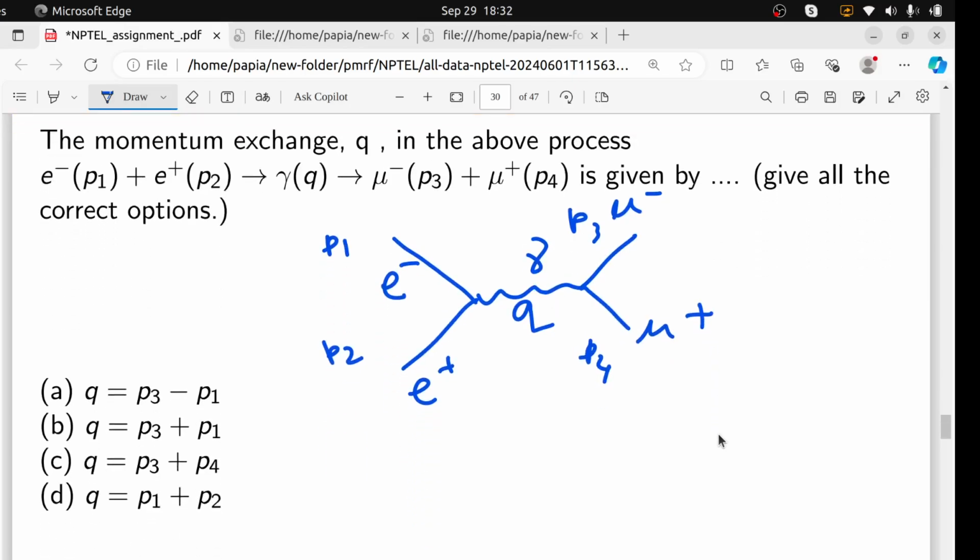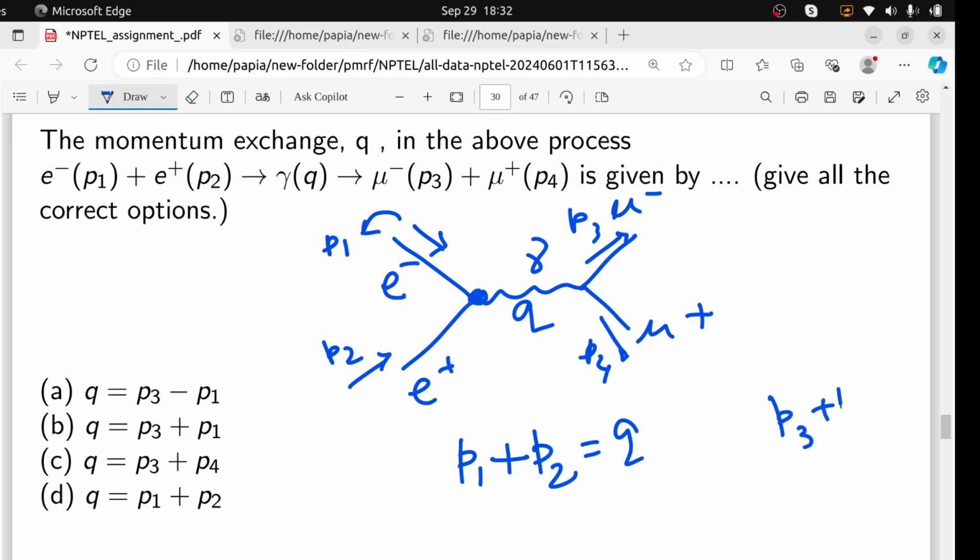Now you can see this vertex should conserve momentum. P1 and P2 are both incoming, so P1 plus P2 should be equal to Q. KCL you can also write here. Similarly P3 plus P4 should be Q, because these two are outgoing.